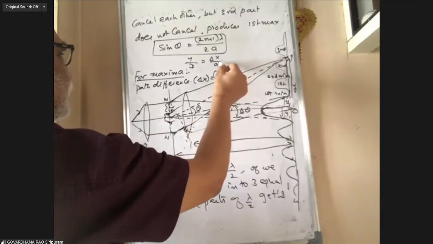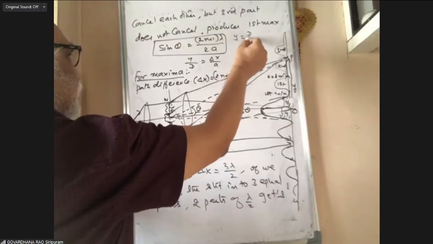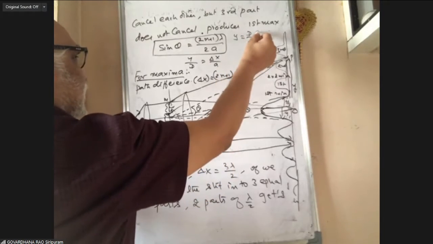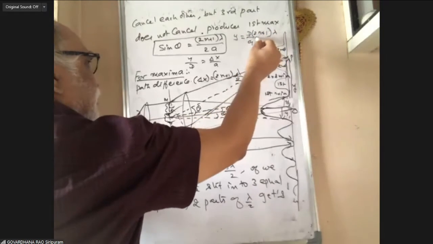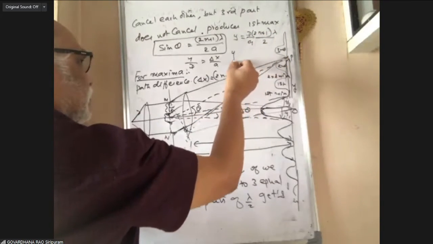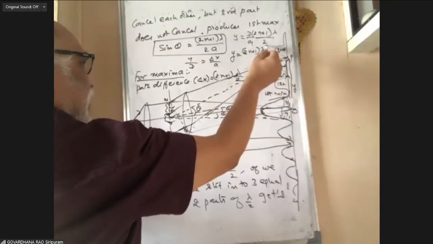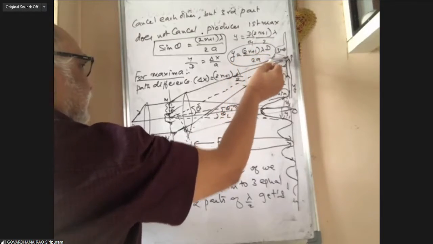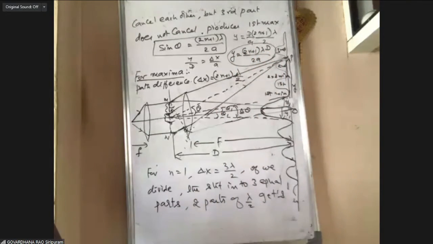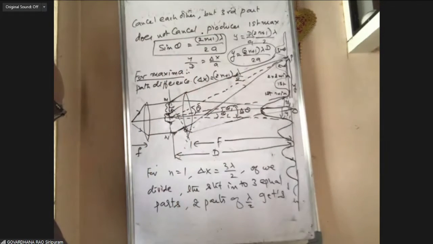So y equals D by a times delta x, which is (2n plus 1) lambda by 2. So y equals (2n plus 1) lambda D by 2a. So this is the linear position, and this is the angular position. Okay?